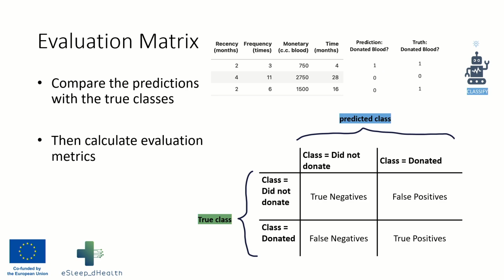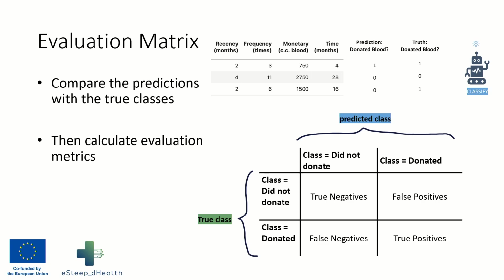And then if we move one to the right, we have a false positive. So this means that we predicted that someone donated, but in reality, this person did not donate. So this is a false positive. So overall, a false prediction.